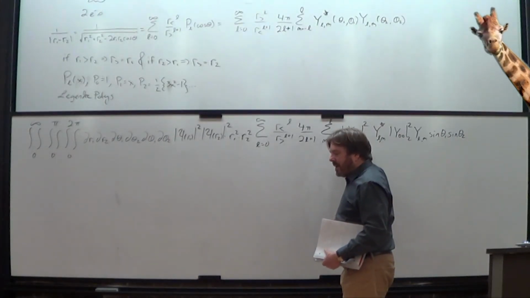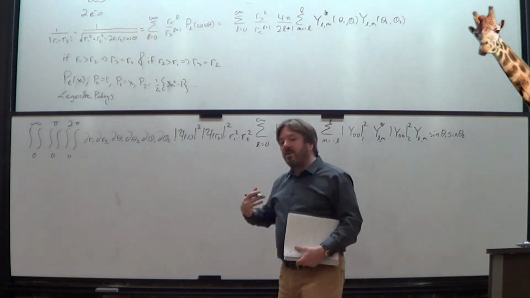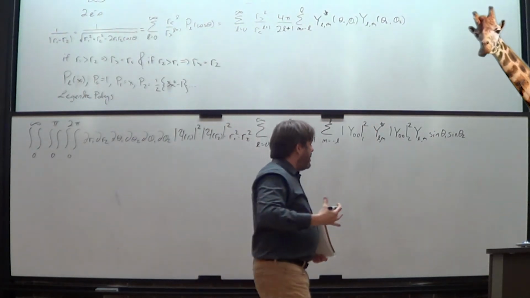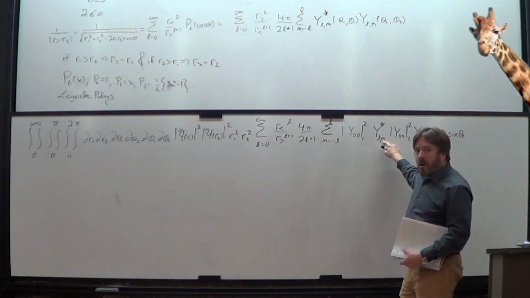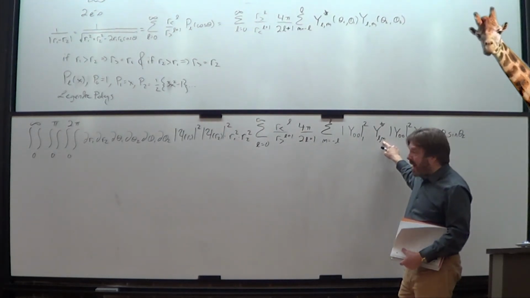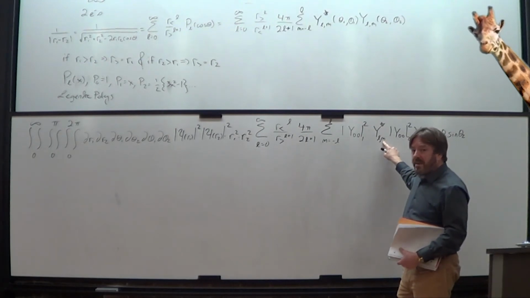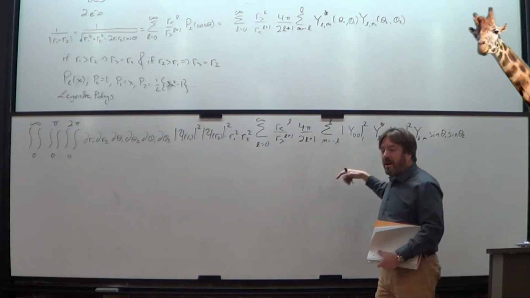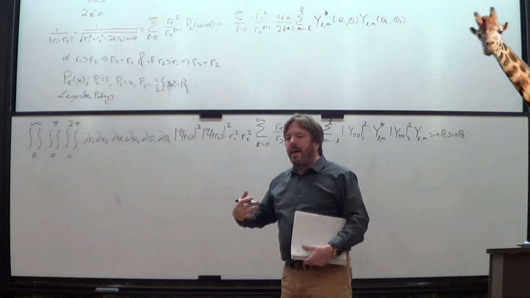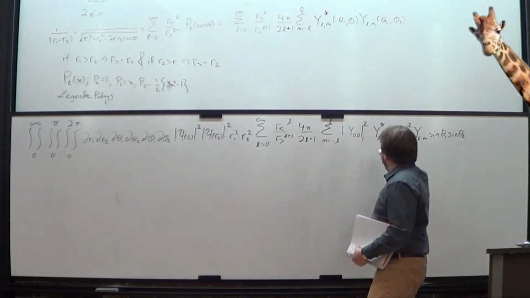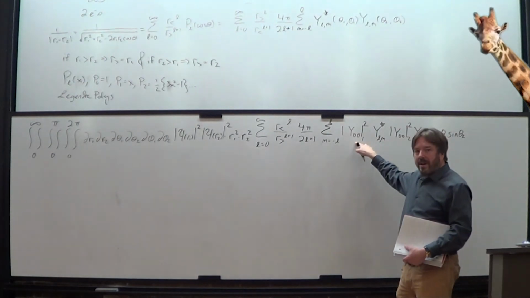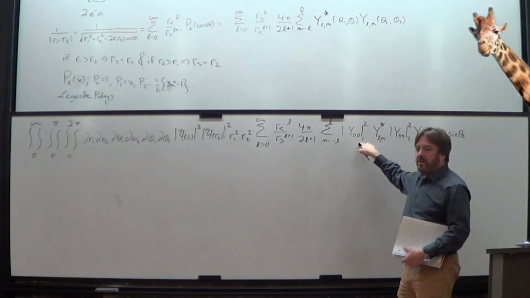So here's my point. For the S states, the wave functions are constants. So when you're integrating against another harmonic, that harmonic has got to be a constant too. Because if it's any of the excited states, anything other than an L equals 0 state, you're going to get 0. Just the same way that wave functions are orthonormal: unless this is the same as that, it integrates to 0. If it's the same, it'll integrate to something.